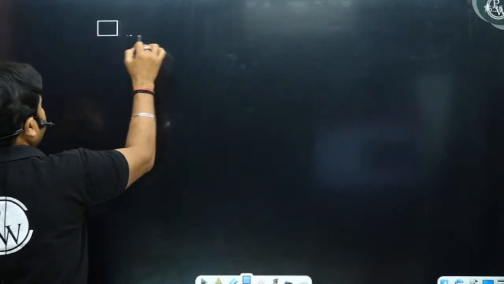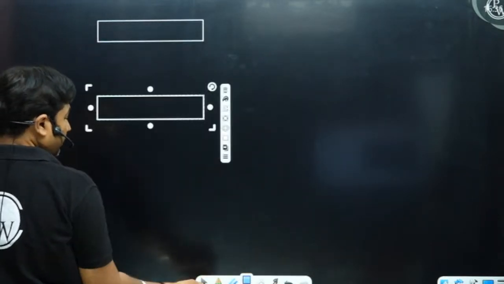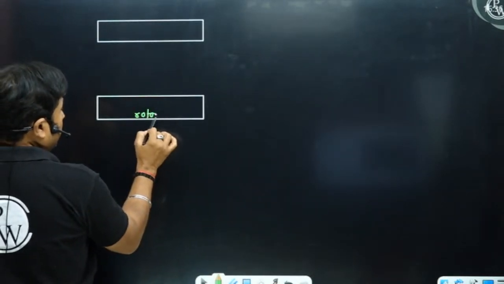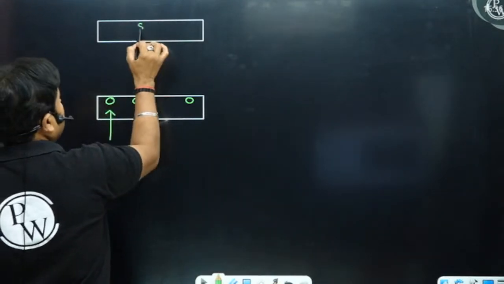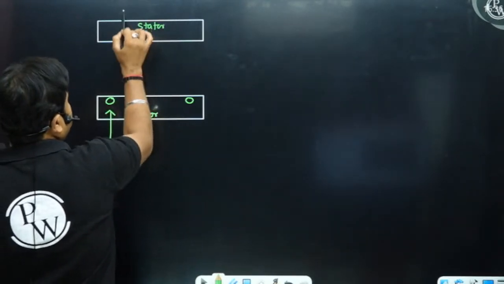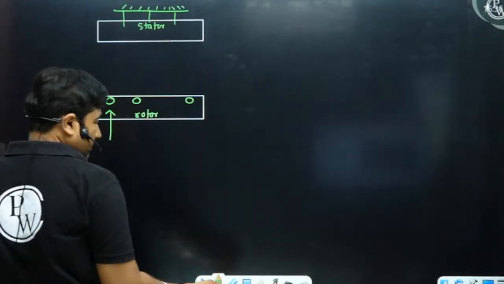Please observe here. Suppose this is a stator and this is a rotor. It is a slip ring induction machine. Supply is given onto the rotor. The stator is fixed; it can't move.